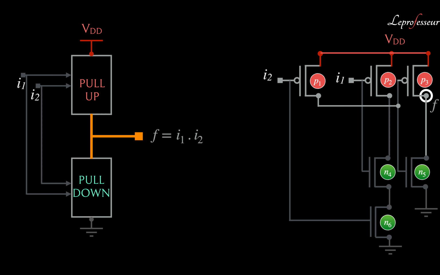So is there any way we can reduce the number of transistors in this simple example of an AND gate? Think about it. Can we design a circuit in some other way so that we have to use fewer transistors? The more transistors we have, the more circuit area we have to deal with.